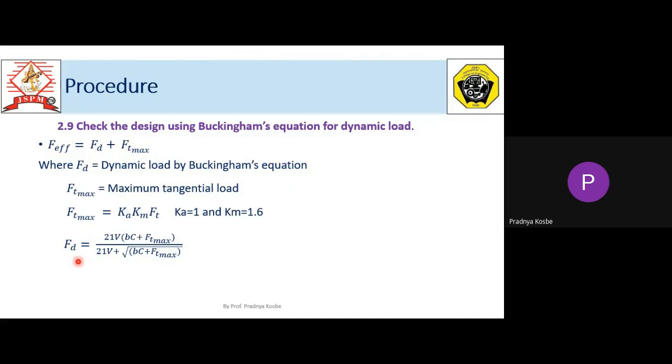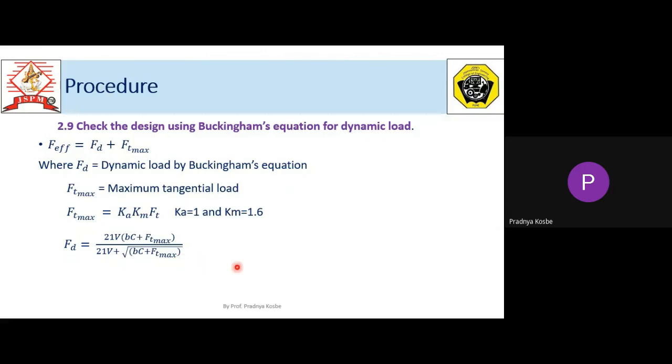So Fd, by Buckingham's equation for dynamic load, is equal to 21V (Bc plus Ft max) divided by 21V plus the square root of (Bc plus Ft max).